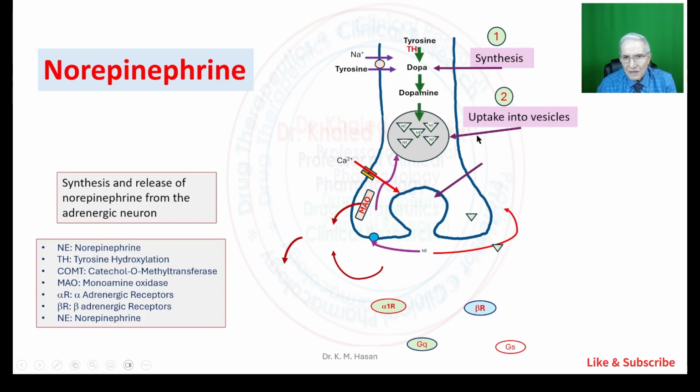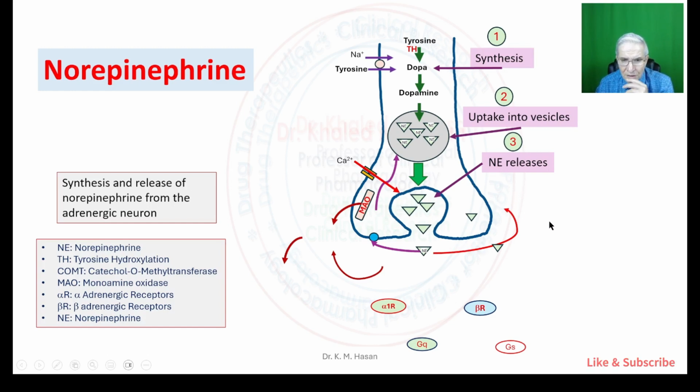The second step is that the vesicles take up the mediators, bringing them from outside to inside the vesicles. Next, the third step is release of norepinephrine. The norepinephrine starts releasing from the vesicles, and we can call this exocytosis, releasing the content of the vesicles outside the neuron.